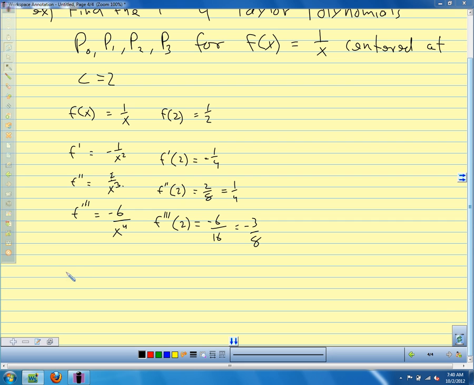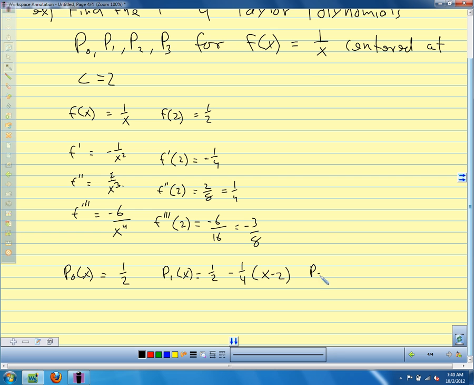So P0 is going to be my first approximation. My first approximation is just going to be 1/2. So that's my first Taylor polynomial for this expanded around c equals 2. My P1 is going to be 1/2 minus 1/4 times x minus 2.